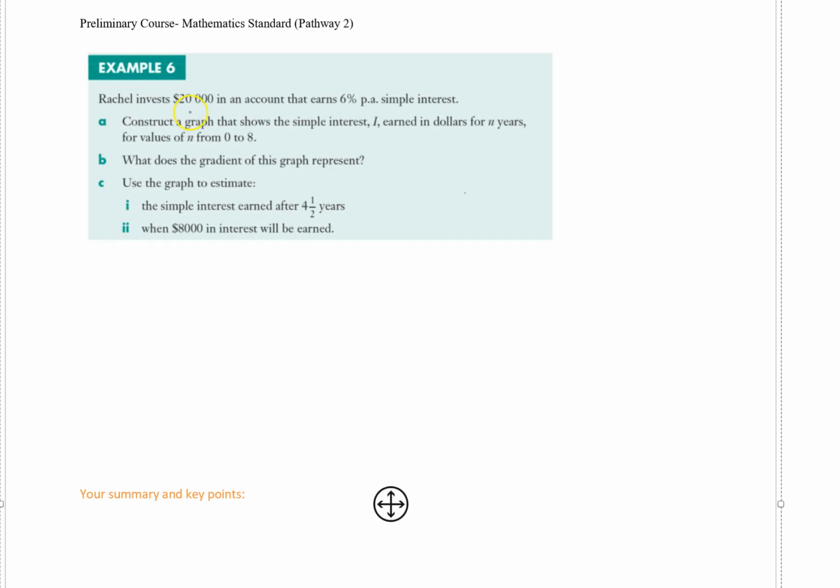Rachel invests $20,000 into an account that earns 6% per annum simple interest. A. Construct a graph that shows the simple interest earned in dollars for n years for values of n from 0 to 8. Now, hopefully you've read that and you can see construct a graph, and to construct a graph you're normally given an equation to work with.